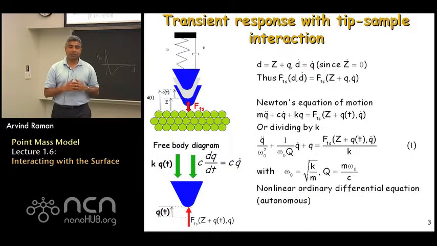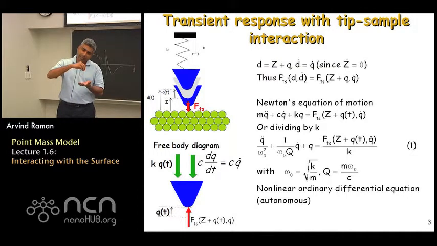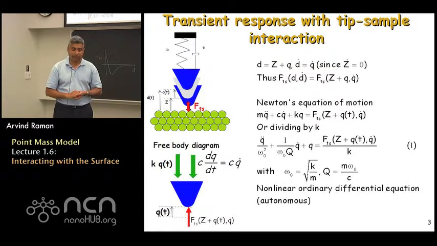You can change Z by changing the sample position, by moving the sample up and down, or moving the base of the cantilever up and down. Q is the displacement of the tip from its undeflected position. The way we have set it up, positive Q is deflection upwards, and negative Q is deflection downwards towards the sample.